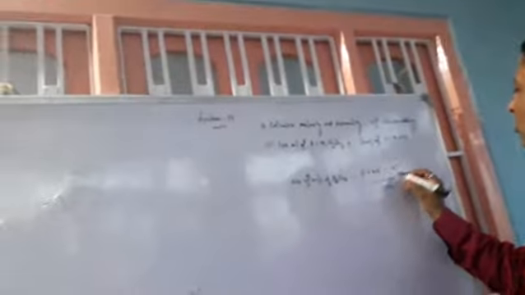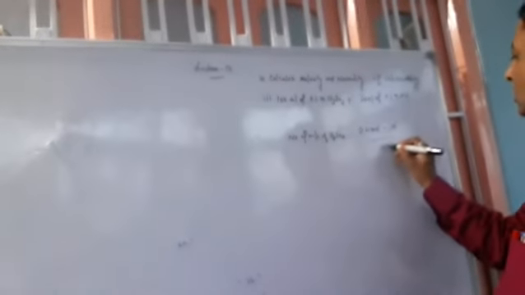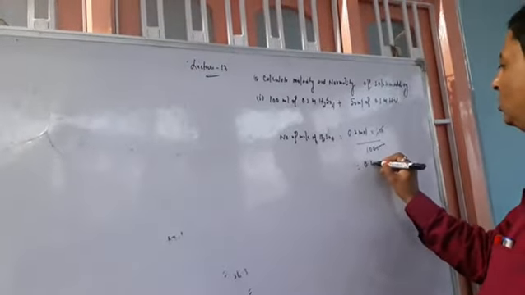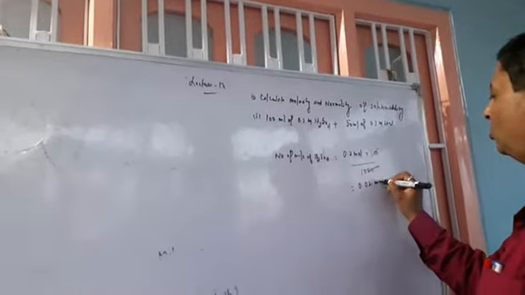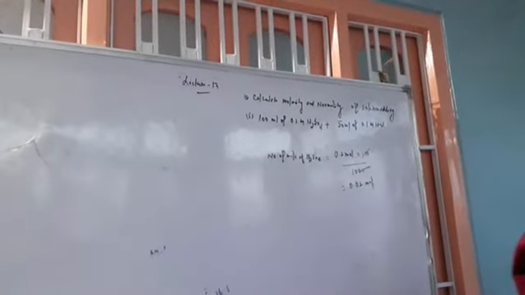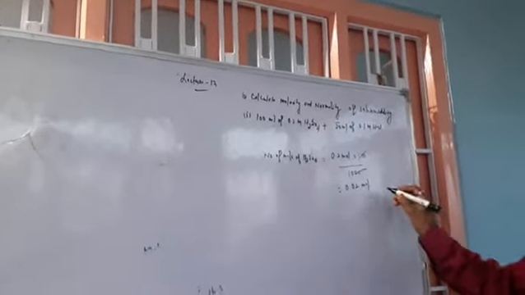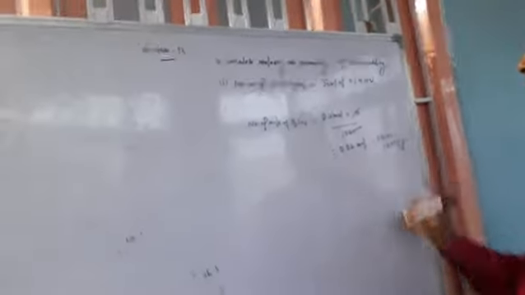So the number of moles is 0.02 mole. And when converted into equivalent, 0.02 into 2, that is 0.04 gram equivalent.